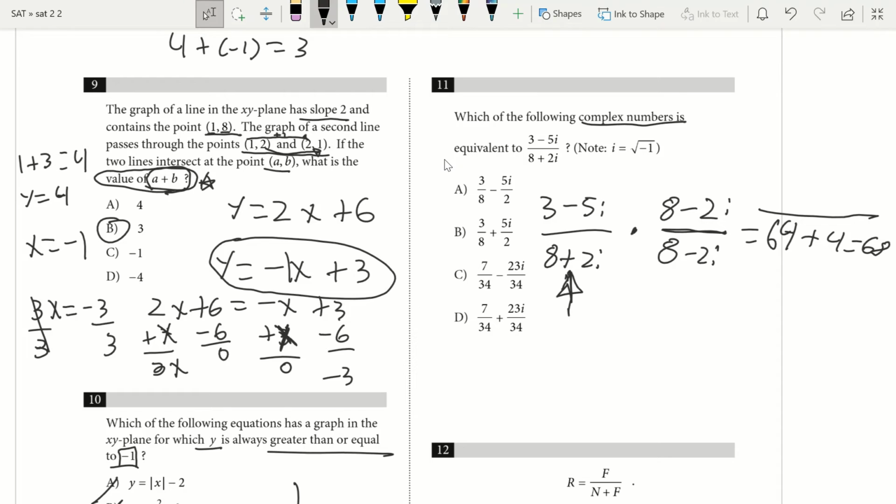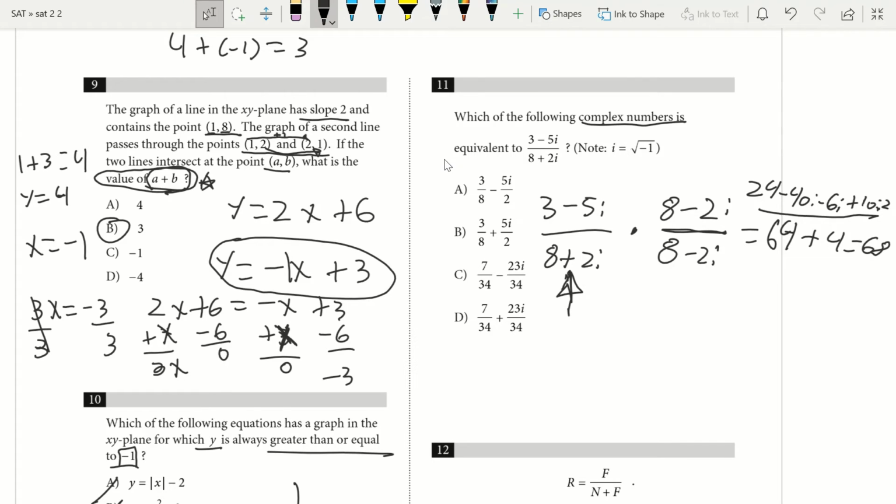Now we're going to go ahead and find our numerator. So we have 3 times 8, which will get us 24. Negative 5i times 8, which will get us minus 40i. Then we have negative 2i times 3, which will get us minus 6i. And then we have negative 2i times negative 5i, which will get us plus 10i squared.